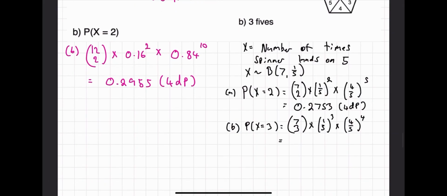Type this into your calculator. 7 choose 3 times 1/5 to the power of 3 times 4/5 to the power of 7 take away 3, and you get 0.1147 to 4 decimal places.